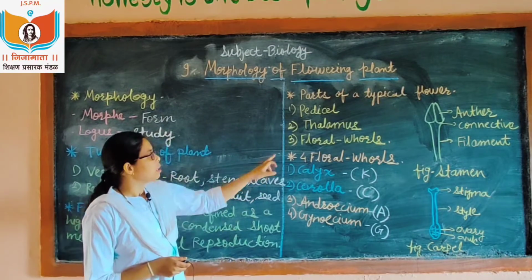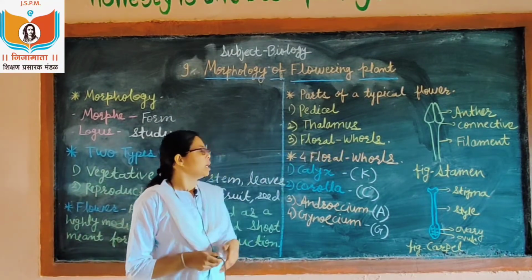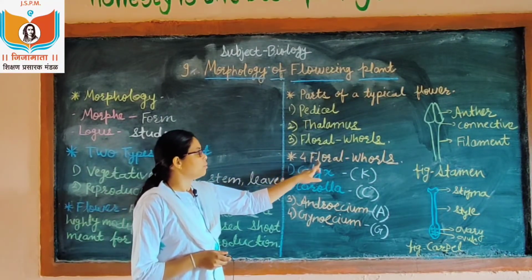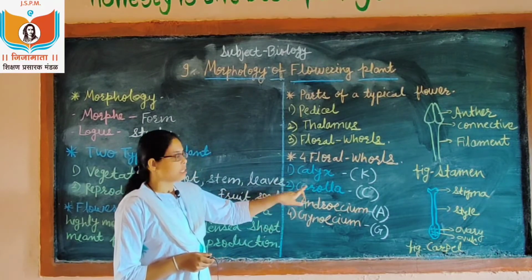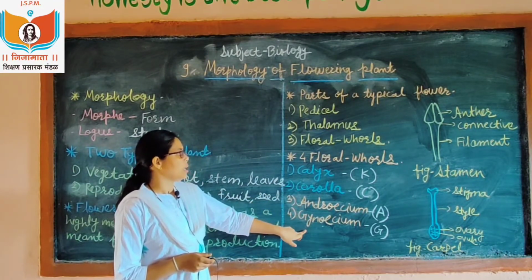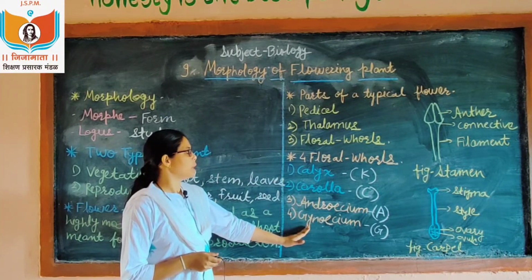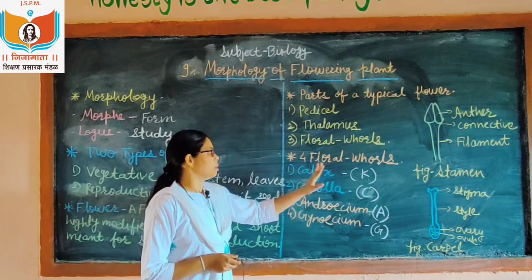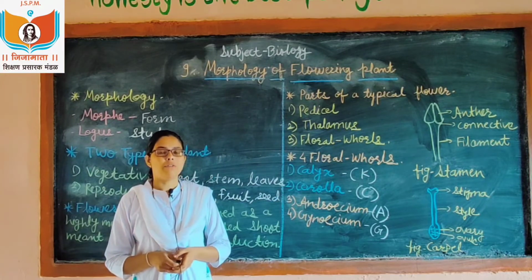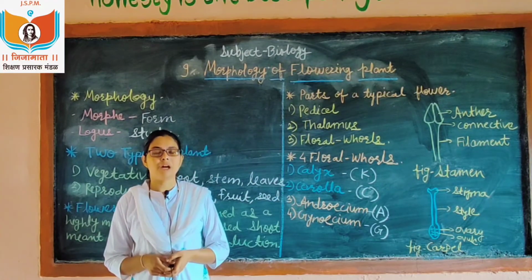The next part is the floral whorls. In the floral whorls, four types are there: calyx, corolla, androecium and gynoecium. All these 4 types are called floral whorls. A flower with all 4 types of floral whorls present is called a complete flower.